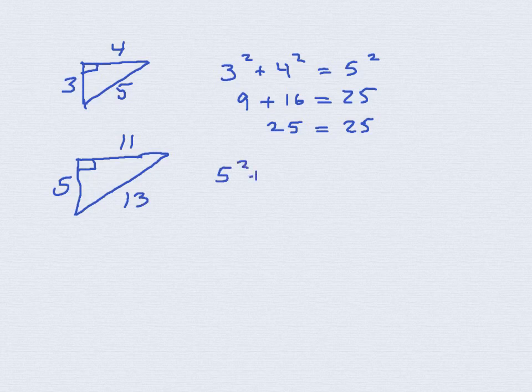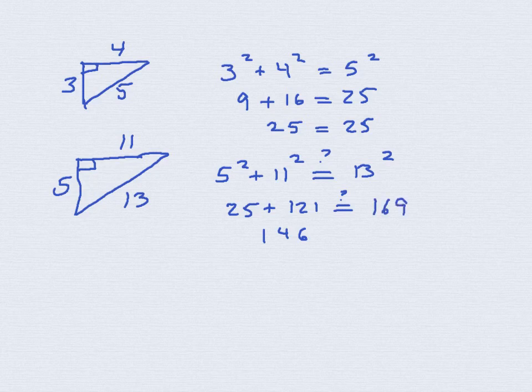A leg squared plus a leg squared, does it equal the hypotenuse squared? 5 squared is 25. 11 squared is 121. Add them together, and you get 146. Does that equal 13 squared, which is 169? Clearly it does not.